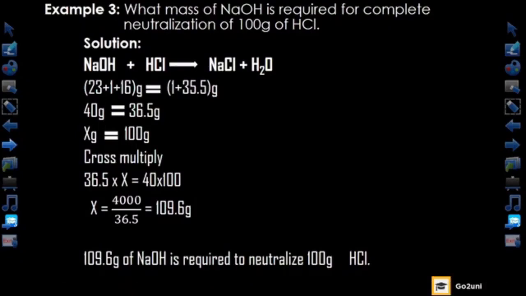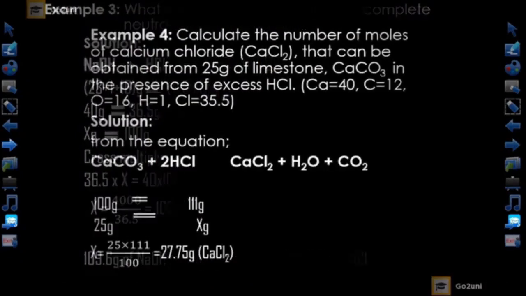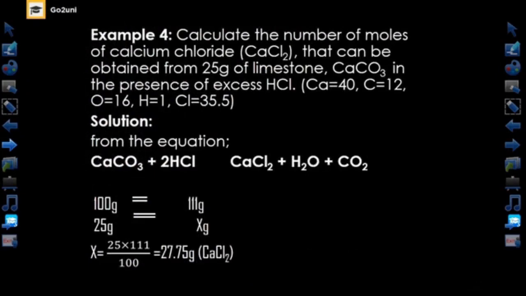Now let us take a look at the next example. The question says, calculate the number of moles, now not mass, calculate the number of moles of calcium chloride, CaCl2, that can be obtained from 25 grams of limestone.